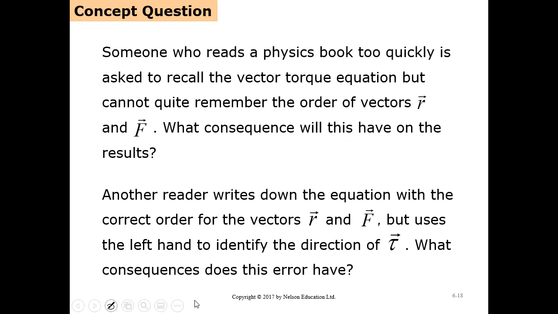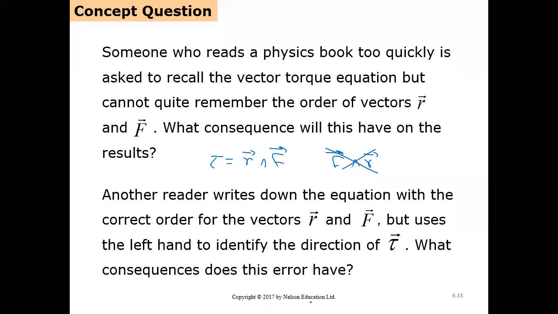Right, so then we ask this question: does it matter what the order of the vectors is for its direction? So we have to say R cross F or F cross R. Does it matter whether we put F first or R first? Yes, it matters.